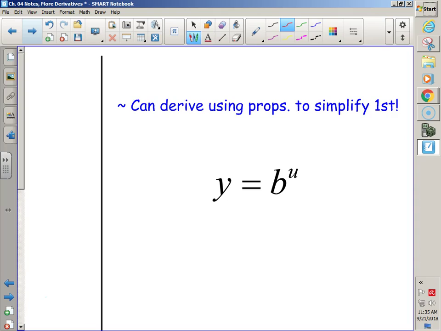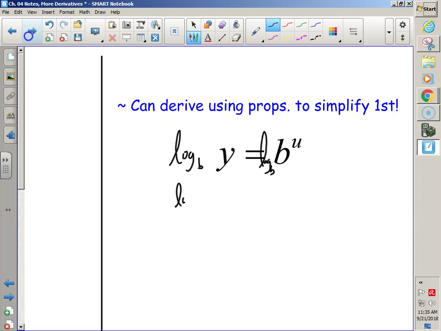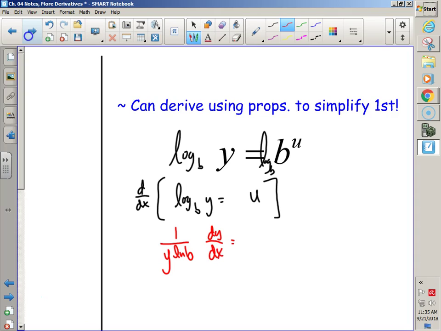And this guy's not that much different, except I can't change a b to the u to an e to the u. But what I can do is take log base b of both sides. And I would end up with log base b of y equals u. And I could derive this implicitly. Then I would get my 1 over y ln of b dy dx is equal to u prime.